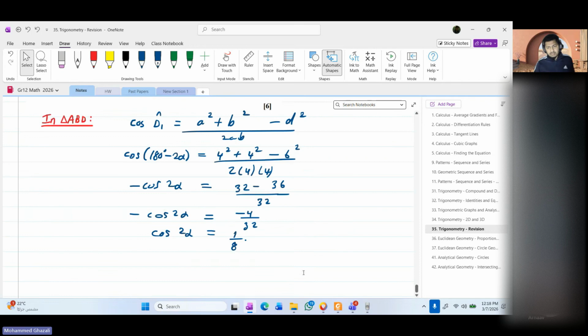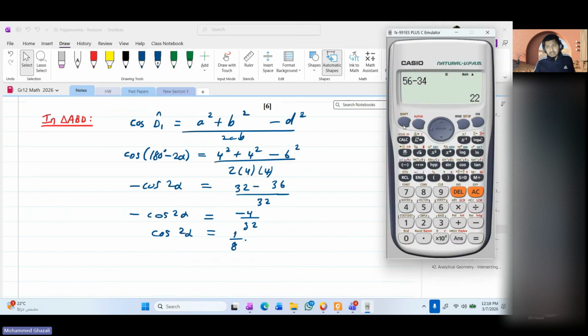Let's solve for it. Cos inverse of 1 over 8. I'm getting 82.82, right? That's 2 alpha.